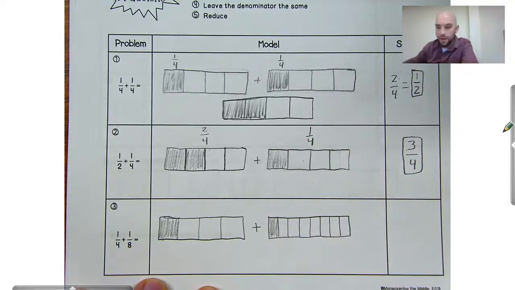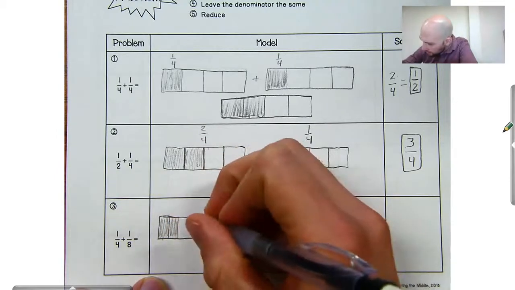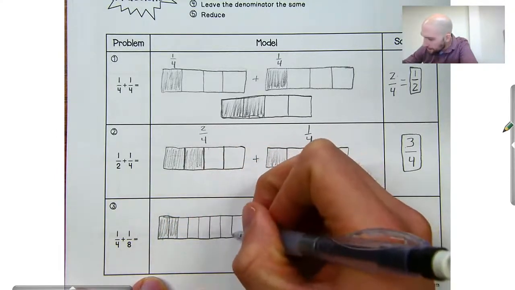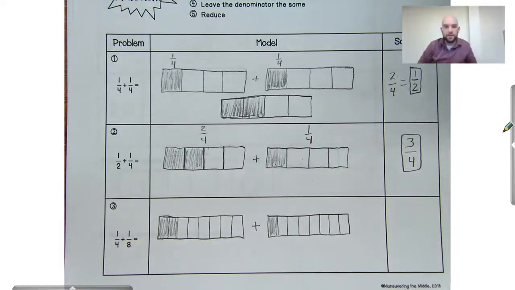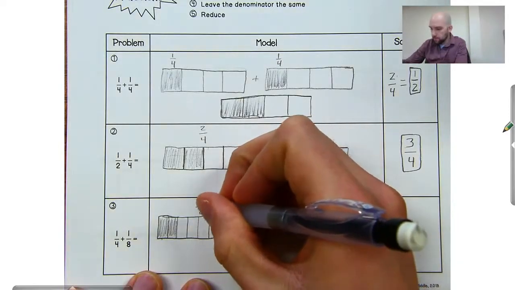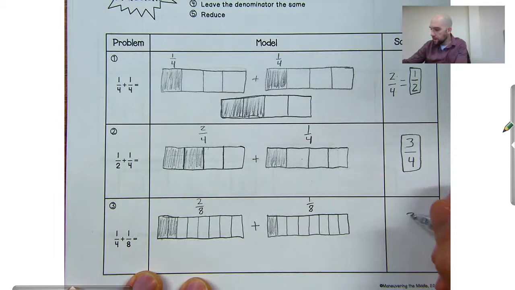Well, I can also look at that 1/4 as 2/8, because if I split all my fourths in half, now I have 8/8 there altogether. I have 2 of them shaded in. I have 2/8 plus 1/8. And that will give me 3/8.